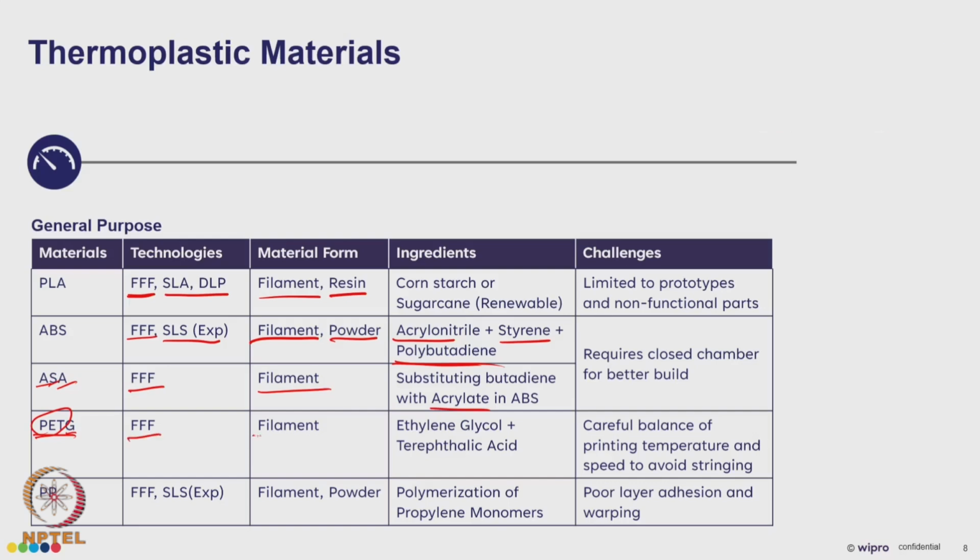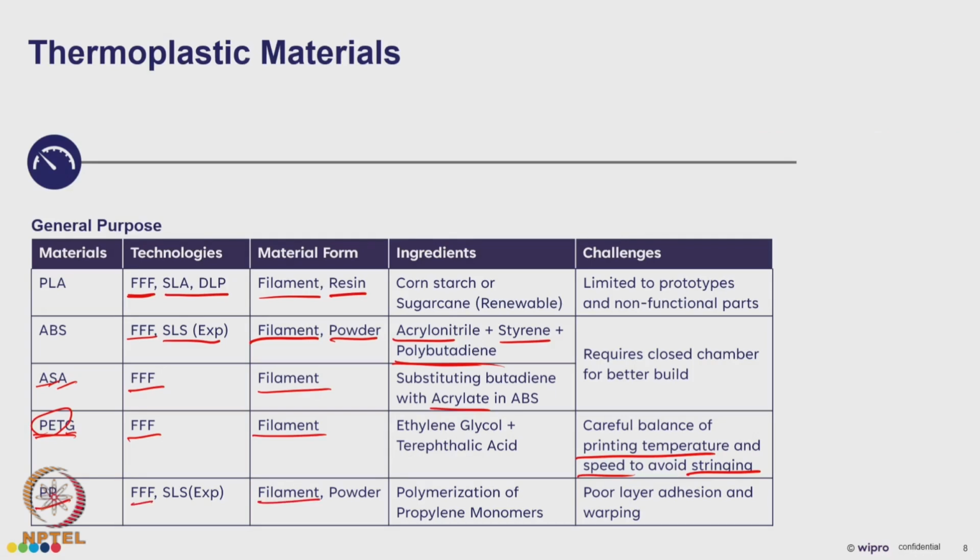Here it comes in the filament form for FFF technology, but here we could get some challenges like stringing, which could be avoided by managing the temperature, that is the printing temperature and the speed. The next material here is polypropylene. Here we use FFF as the technology, again filament as the raw material form.